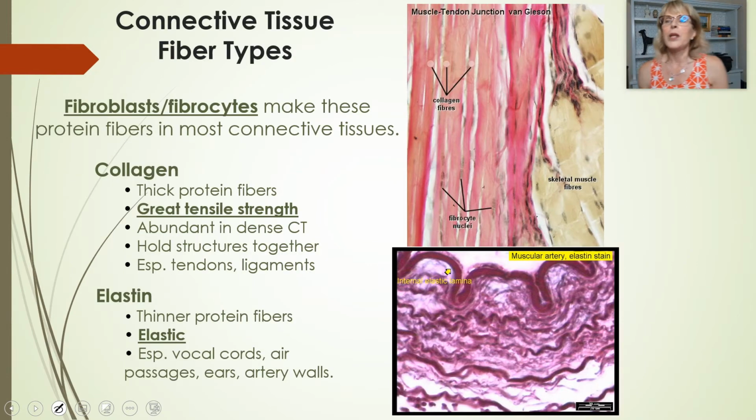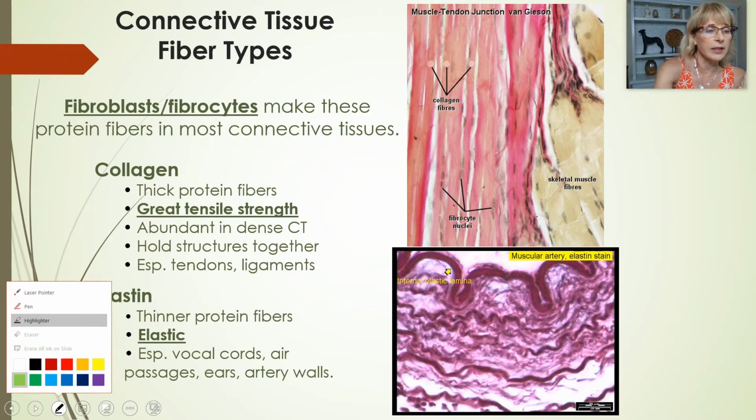Great. Okay, before we talk about the different kinds of connective tissue, I need to tell you about the different fiber types, okay? The different fiber types. So, in general, the cells that live in connective tissues very often are named for the type of connective tissue that they live in.